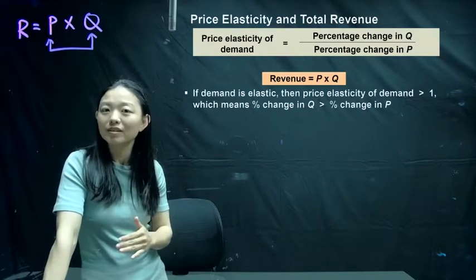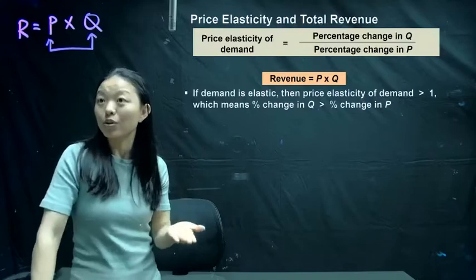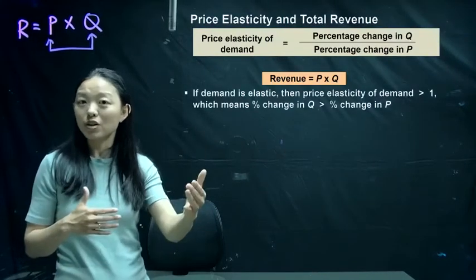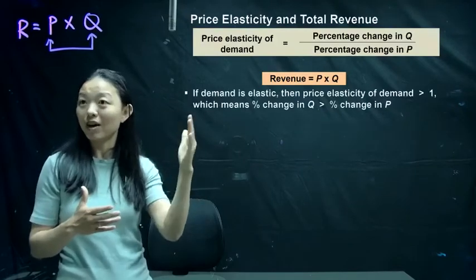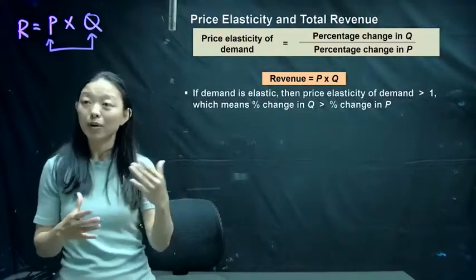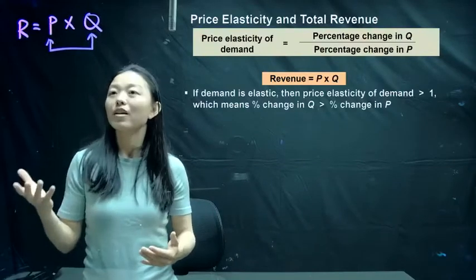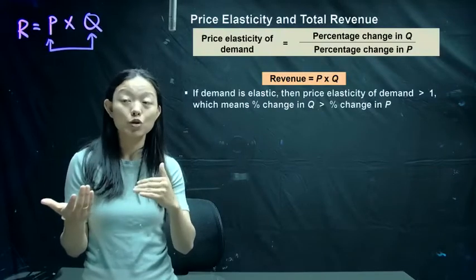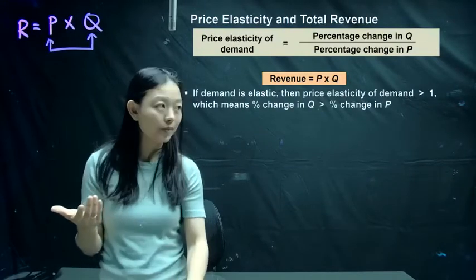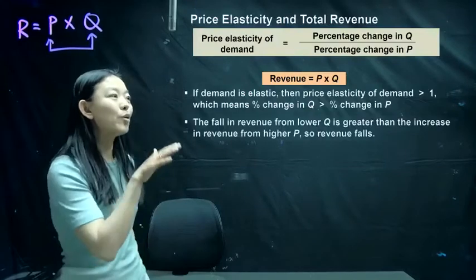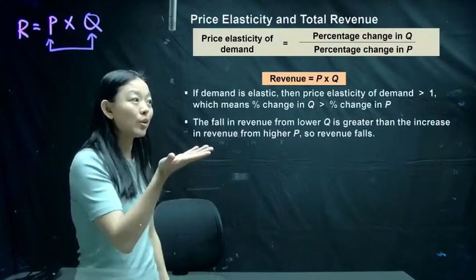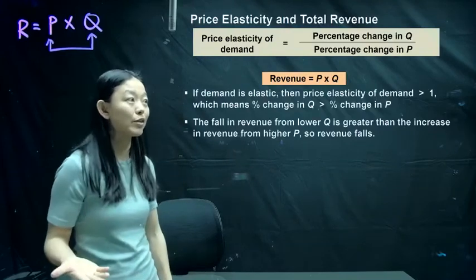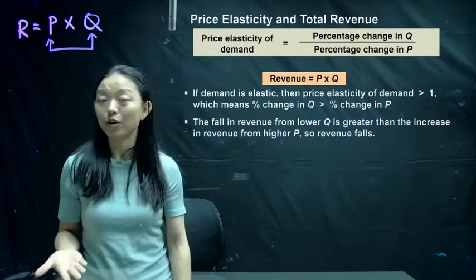Therefore, your revenue will actually decrease, because the money you gain per unit sold cannot compensate the money you lose because consumers are sensitive to the price change. So the fall in revenue from lower quantity will become greater than the increase in revenue from a higher price. So your revenue will decrease.